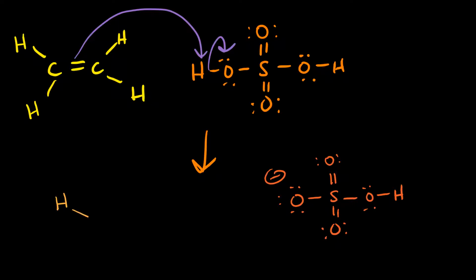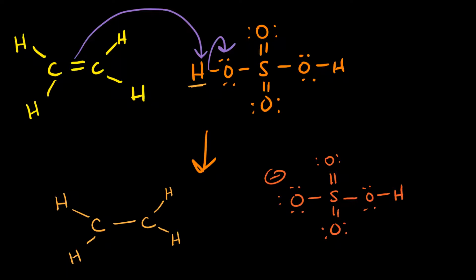So all of this, the carbon-carbon structure, none of these sigma bonds were disturbed. But now you have a new bond between something and this proton over here that was lost.